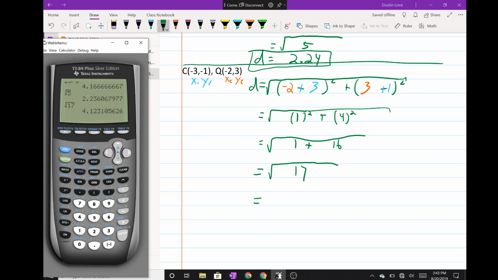Square root of 17 is 4.123, which is 4.12.